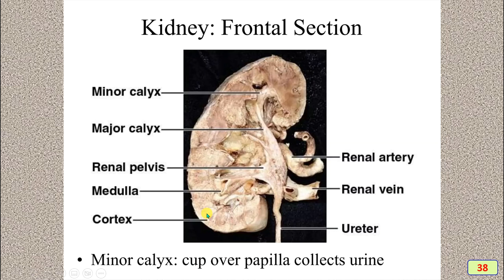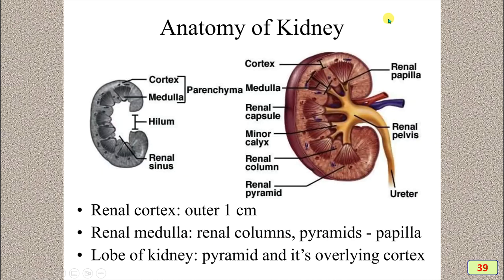The outermost coat is the renal cortex, then the pelvis, then the medulla. The inside structure is the medulla. The minor calyx is a cup over the papilla that collects the urine. The anatomy of the kidney in most animals is like this: cortex, medulla, renal capsule, minor calyx, renal column, and renal pyramid.